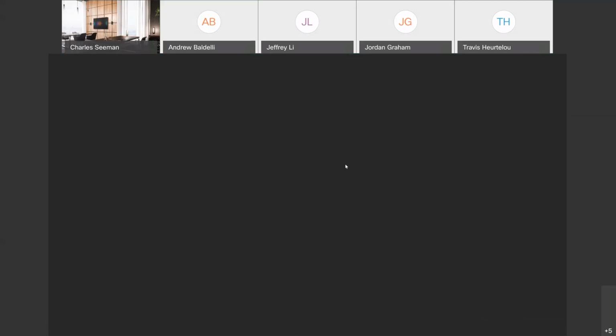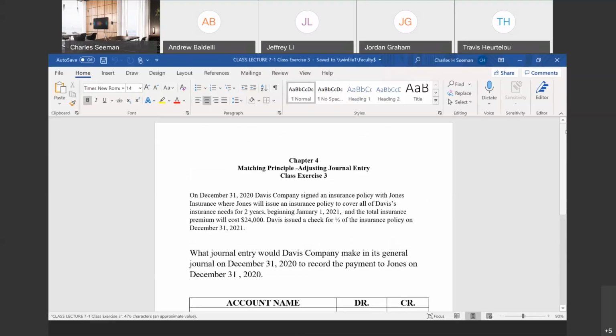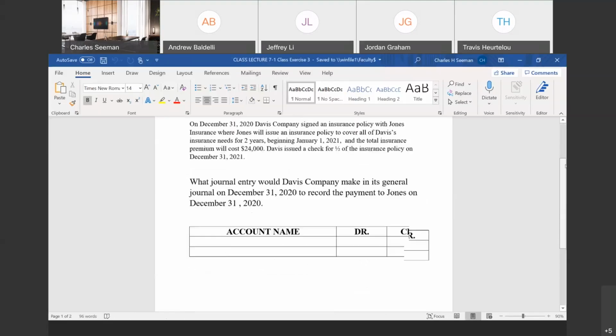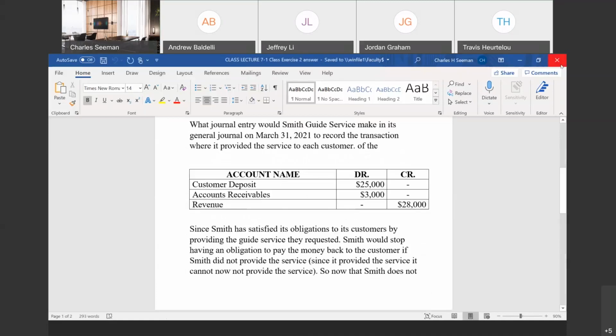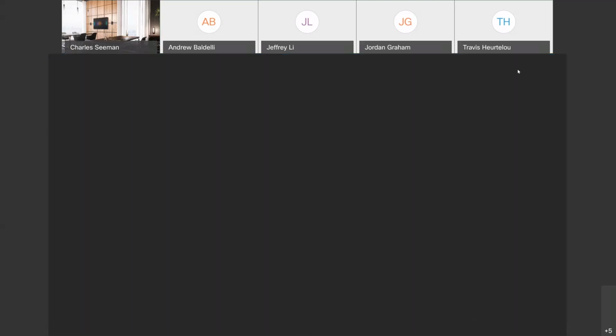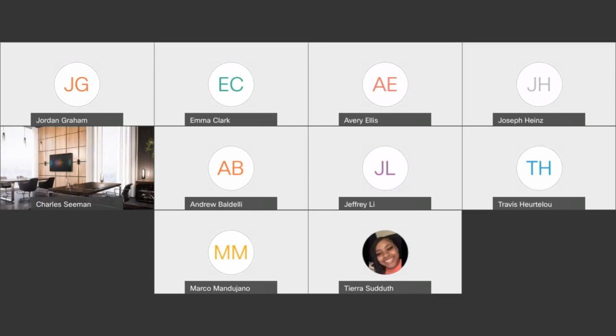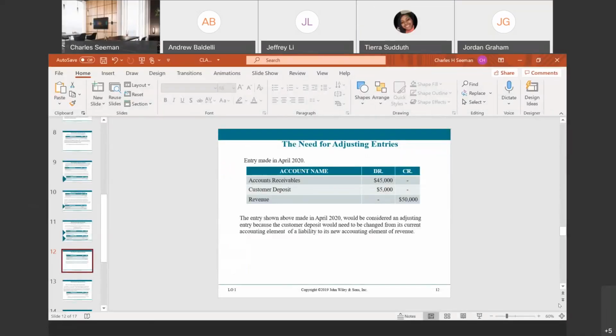Let's try class exercise 3. Well, this is the expense side, sorry. The same thing is true on the expense side.